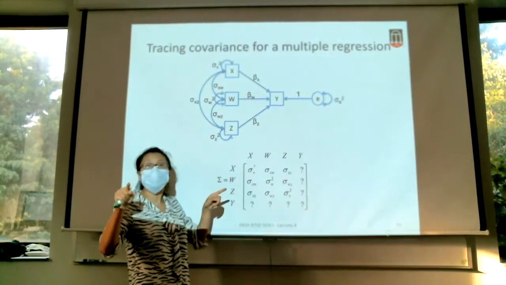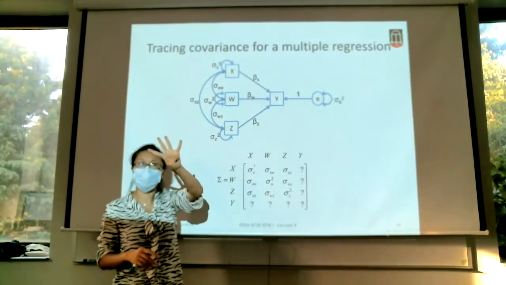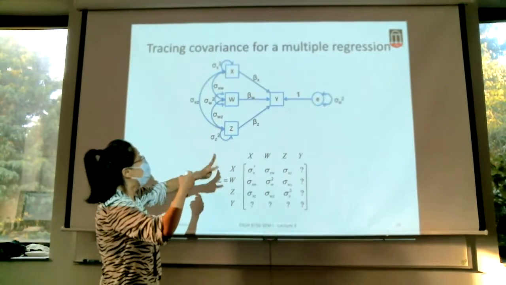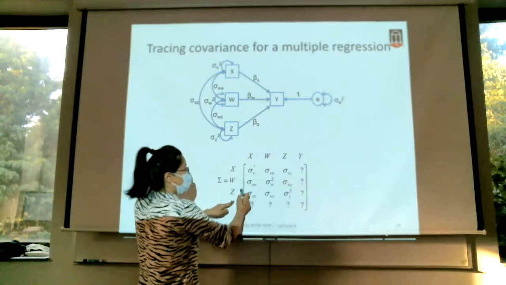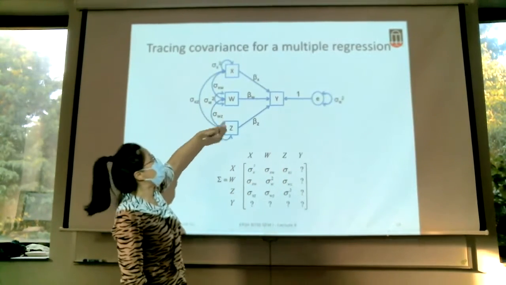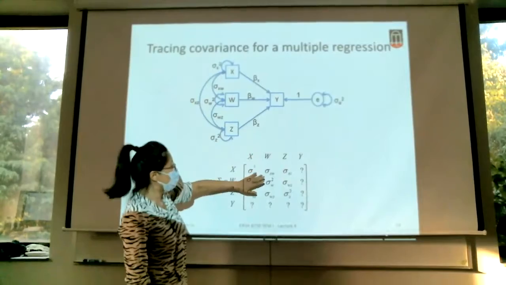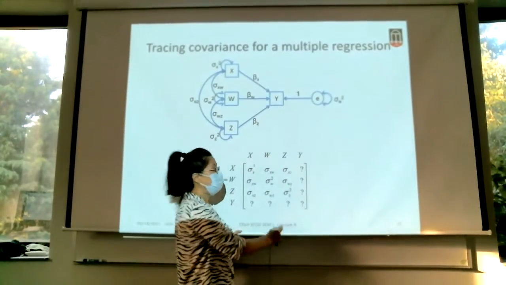It is the covariance matrix of these 4 observed variables. Suppose this part is given, because this is the covariance matrix between these independent variables. All of these are given. But now you need to figure out these 4 elements.